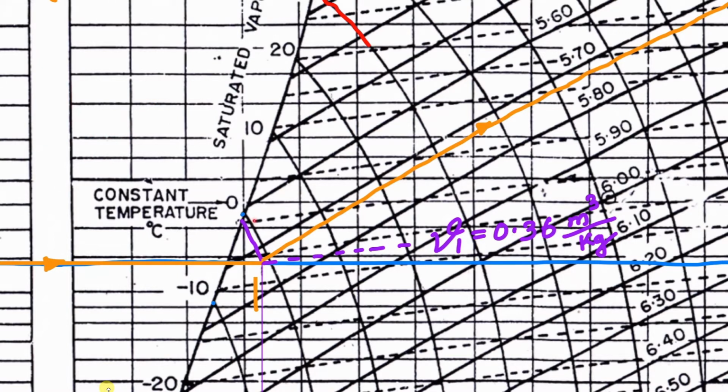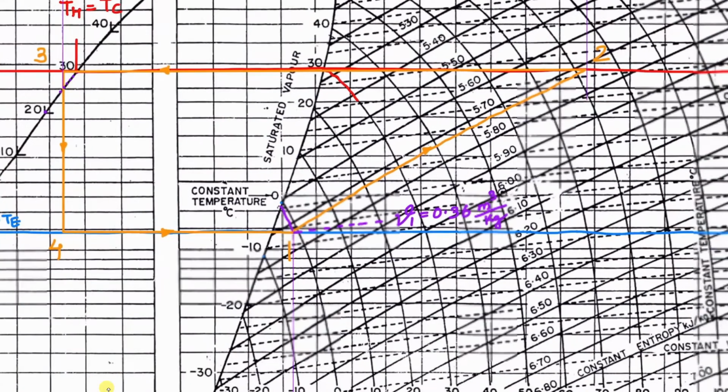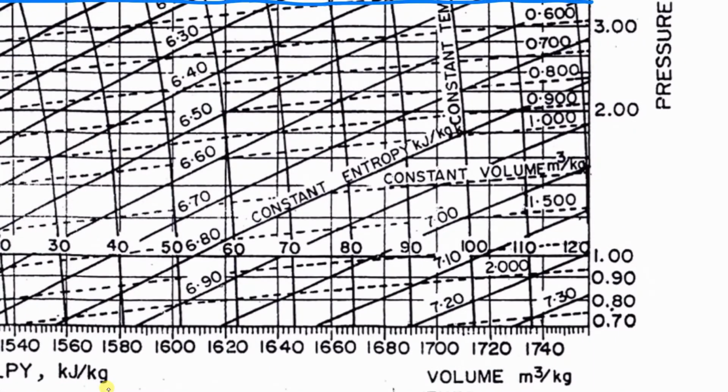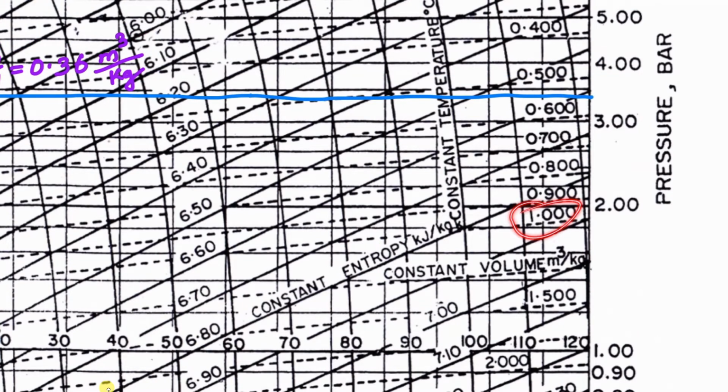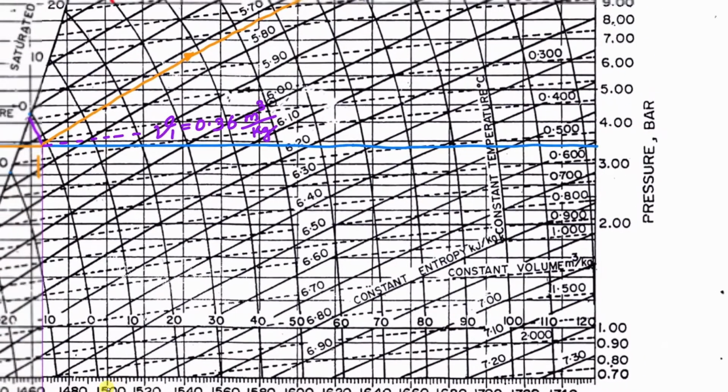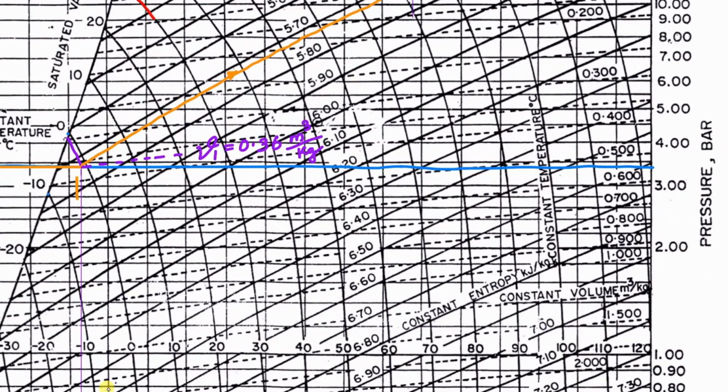Now here you can see these dotted lines. These are specific volume lines. Okay, so here you can see it is given constant volume, meter cube per kg. The unit is meter cube per kg, so it is specific volume. And the value, you can see, this is the 1.5 line. Then if you see this value, it is 1. So the value is increasing in this direction. Okay, so for point number 1, which is shown over here, this hidden line, what is the value?